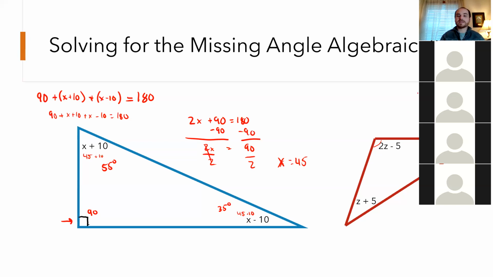It is 180 degrees. So what's my big angle here? What is the measure of my big angle? You don't have to solve for the number. You can just tell me what it's listed as here. 2z minus 5. Yep. And then we're going to add in the next biggest angle, or even just one of the other angles.